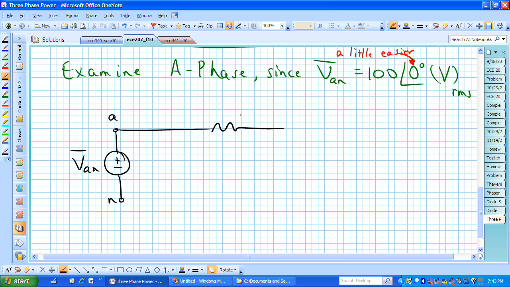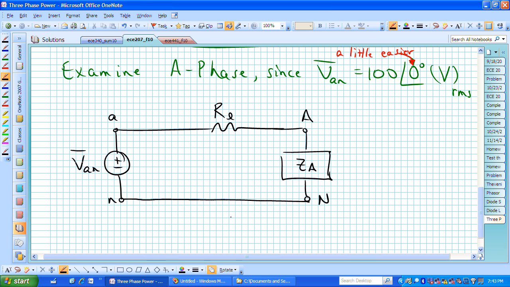We have our line resistance, R sub L, and that takes us over to our load impedance, Z sub A, which brings us back to the neutral at the load side, and that's connected to the neutral on the source side. This current, I sub AA, in the A phase can now be solved from this circuit problem.